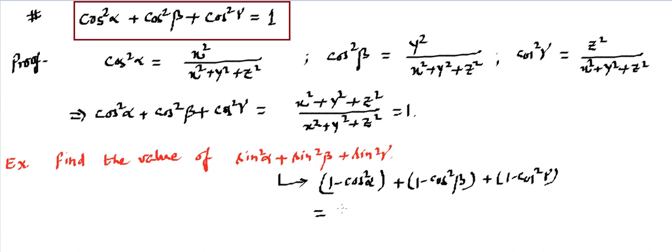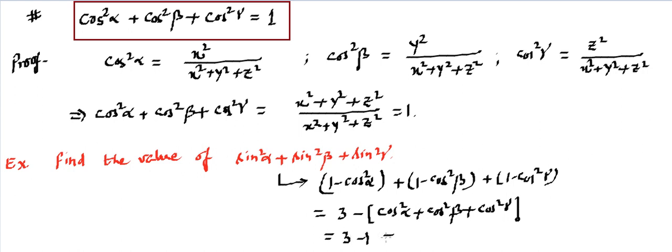You can add them up, so it's going to be 1 plus 1 plus 1, that is 3. Take a minus sign outside, and in the bracket you will find cos square alpha plus cos square beta plus cos square gamma. Now you can use the identity that we have just understood. For direction cosines, this number is 1, so our answer is going to be 3 minus 1, which is equal to 2. Making sense?